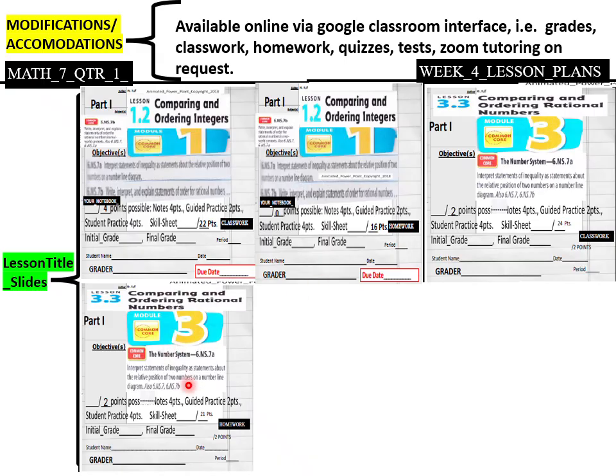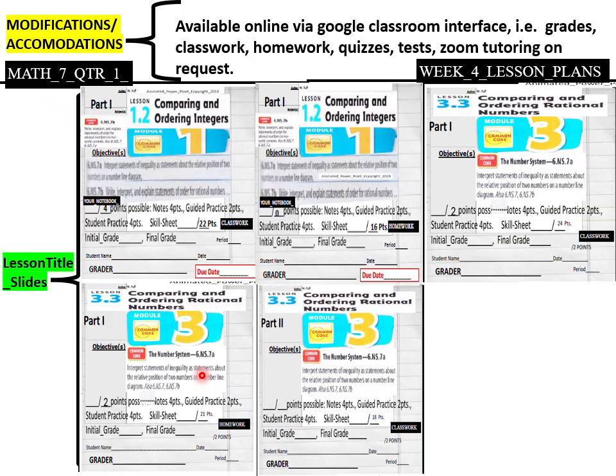And then we go into the homework for 3.3 part 1 classwork. And then we have a homework here, 3.3 part 1.